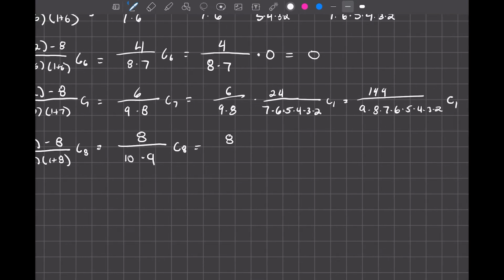And then we could substitute C sub 8 in again, but that will also equal 0, so everything there will equal 0.